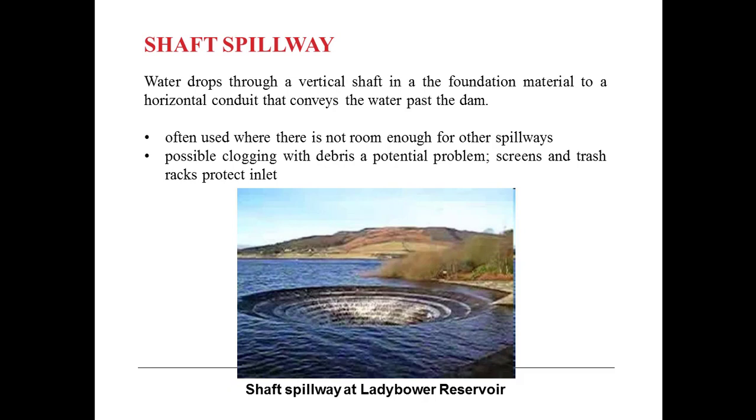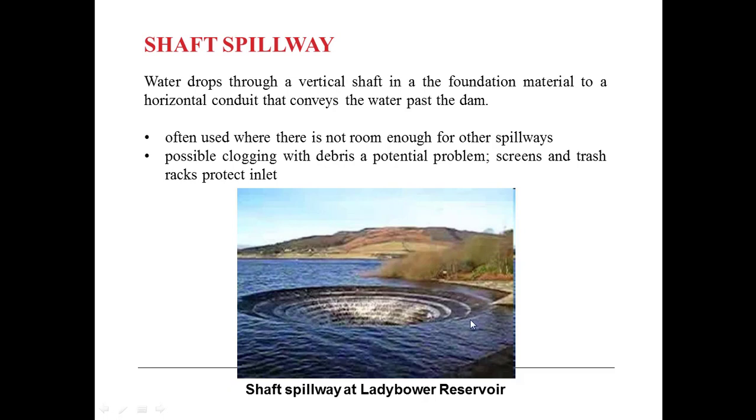So in this type of spillway, as you can see in the figure, a vertical drop shaft in the foundation material is constructed. The water drops through this vertical shaft and moves through the foundation material, and there is a conduit through which the water is conveyed to the other side of the dam.